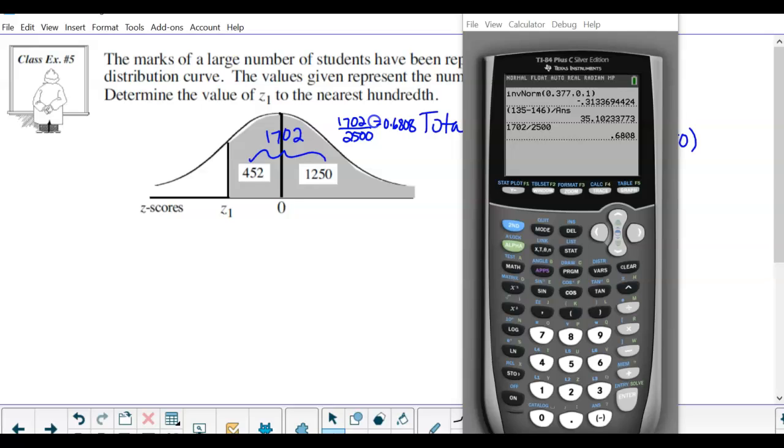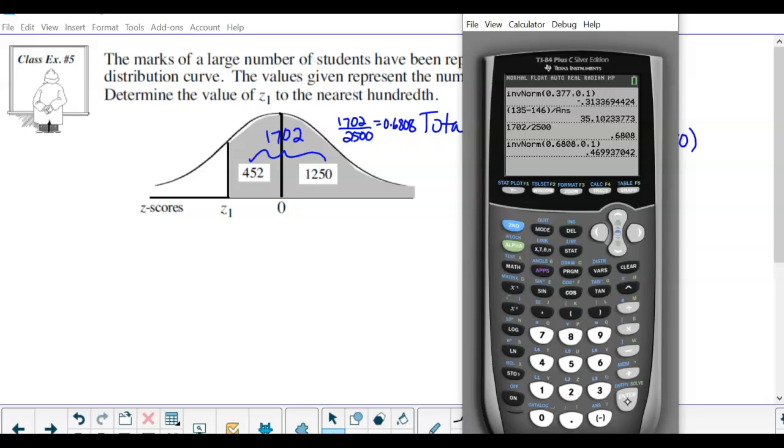If you don't have that, like my version, you're doing inverse norm of 0.6808, but remember it's assuming that that's coming from the left. So I will get a positive z-score, but really it's got to be flipped, so it's going to be negative.